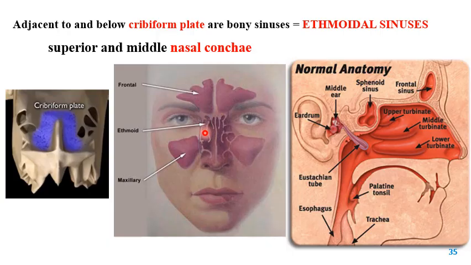So the air that is coming through your nose is going to get humidified and warm. By the time it goes to your lungs, it's going to have a certain humidity and a certain temperature.